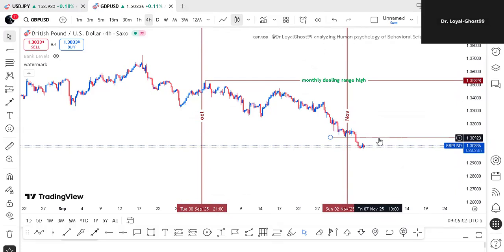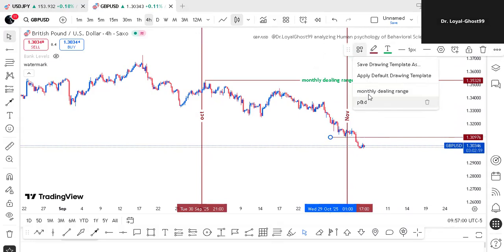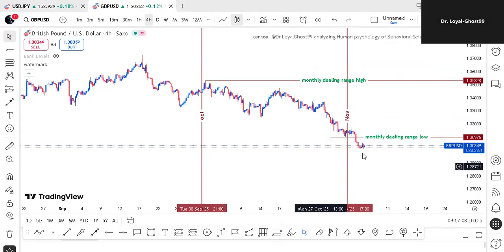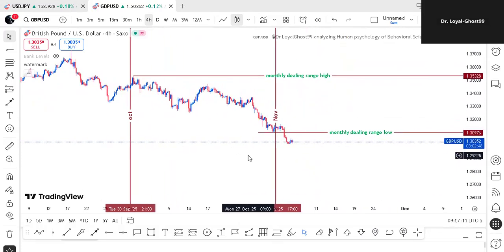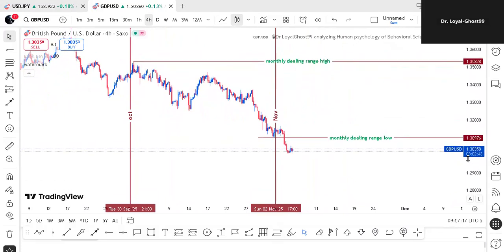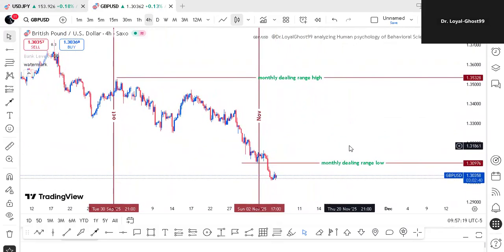I don't know if this video is going to be too long, but try and stay with me and understand my model. This is the monthly dealing range I have. I'm going to consider this as the monthly dealing range I have for now.